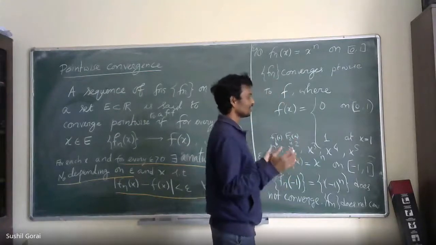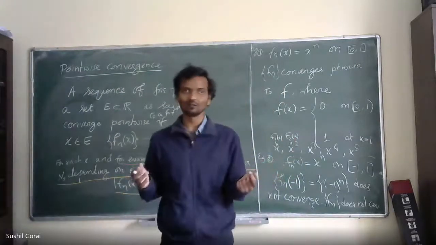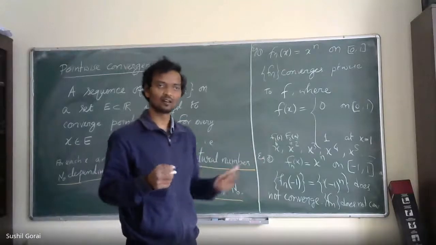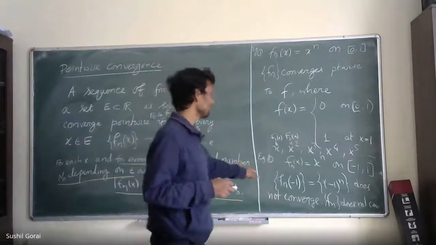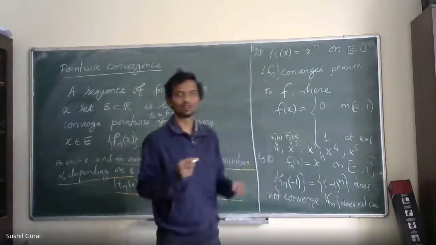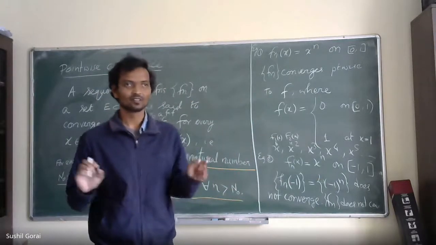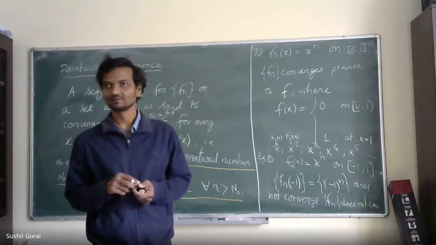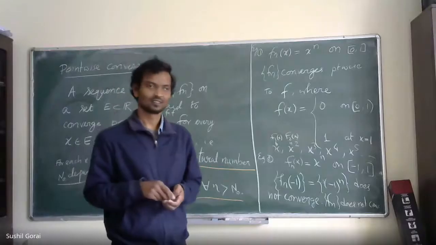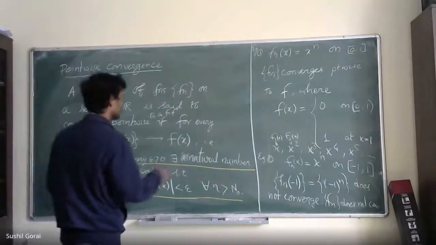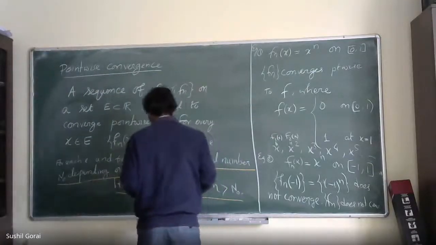In the open interval minus 1 to 1, it converges to 0. At 1, it goes to 1. And at minus 1, you have this oscillatory sequence: minus 1, 1, minus 1, 1, like that. So is this clear? Yes, sir. All right. Okay, so this is the example.